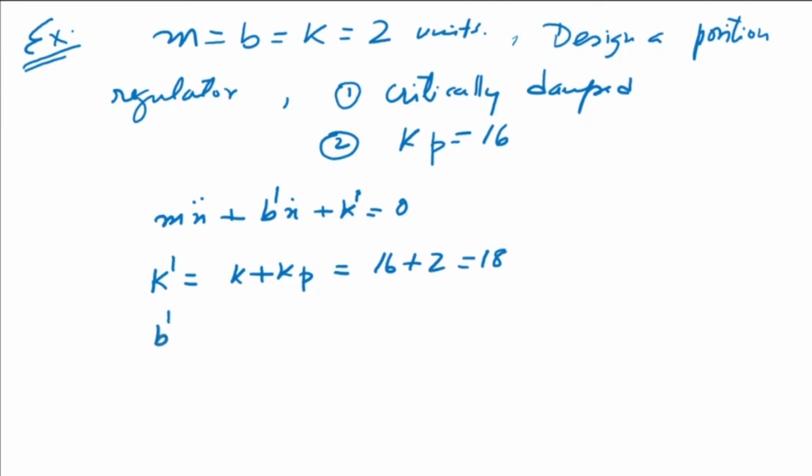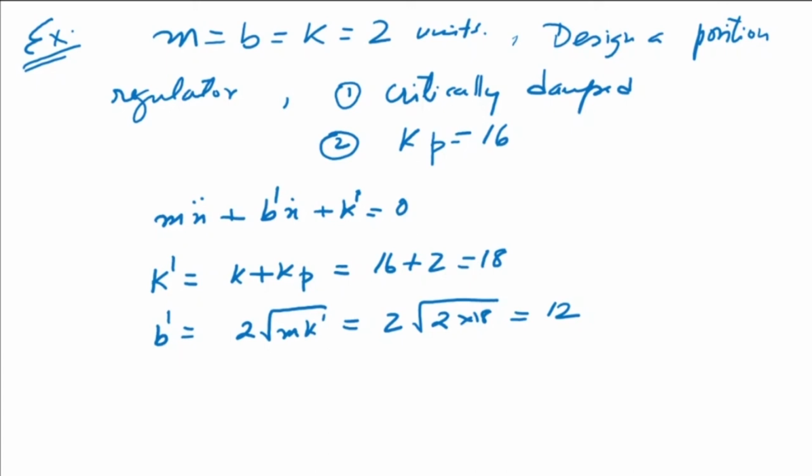So what is b dashed? b dashed squared is equal to 4m k dashed. So b dashed is equal to 2 root m k dashed. Mass was equal to 2, so it is 2 square root of 2 into 18, which is equal to 12.